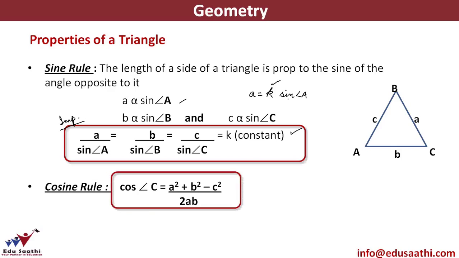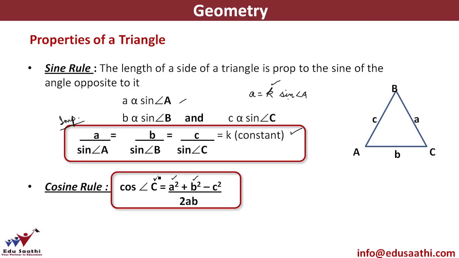The other thing which is there is a cosine rule. Now this cosine rule will help us in finding out the angle if all the three sides are given to you. So I can look at this as cos C will be equal to A square plus B square minus C square over 2AB. So this is the formula that I have to remember.